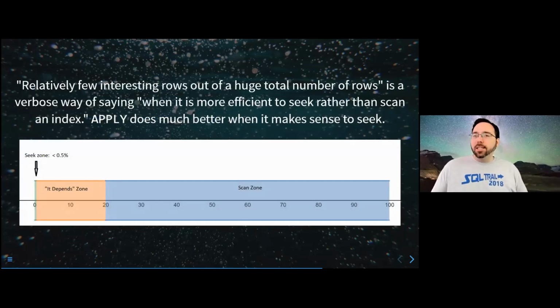So here's the next slide that I was trying to jump toward. Relatively few interesting rows out of a huge number of total rows. It's kind of a verbose way of saying, I want an index seek instead of an index scan. And you ask somebody, okay, at what point do you want to seek as opposed to scan an index? And this is a rule of thumb.